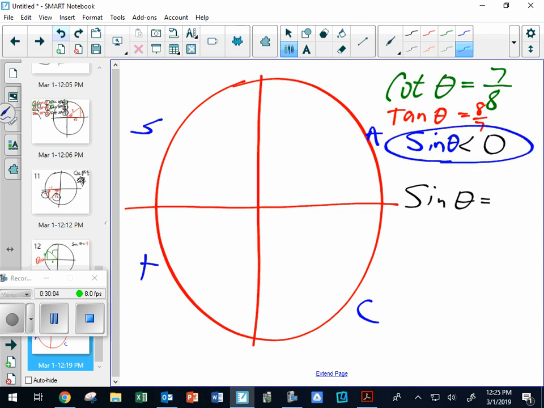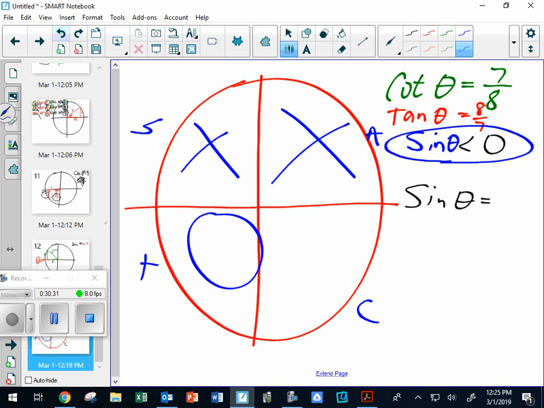So sine of theta is less than 0, so that crosses off the top two. I agree. Awesome. But it can't be there and there. Tell me more proof. Why can't I be here? Oh, but wouldn't the negatives cancel and make it positive? Maybe we are there.